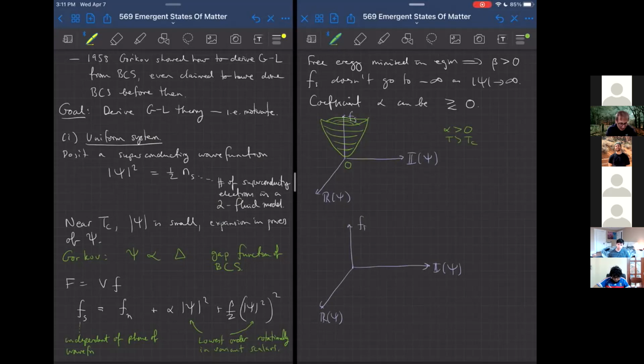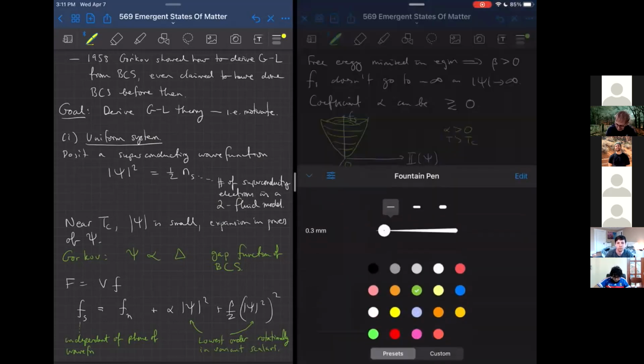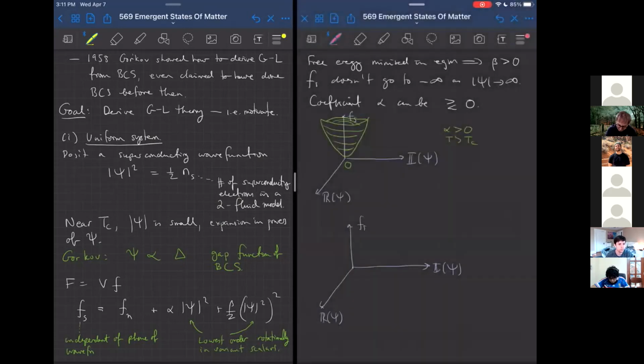On the other hand, if I have alpha negative, then what I get is something different altogether, and I'm going to probably completely screw up my drawing of it, which I inevitably do the first time I do it. So please bear with me if I have to do several attempts to get it to work.